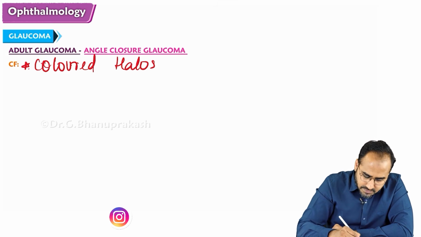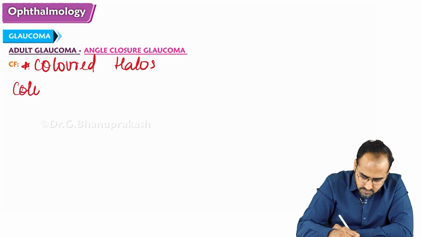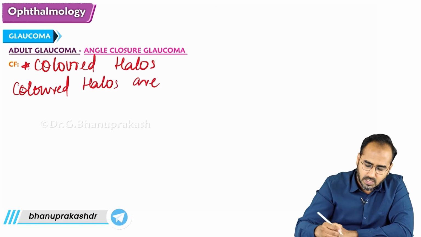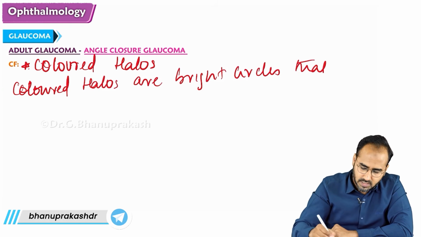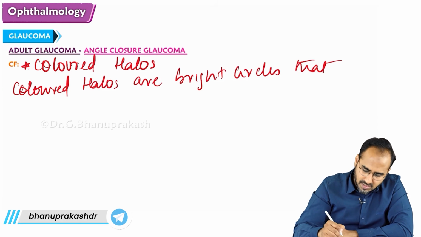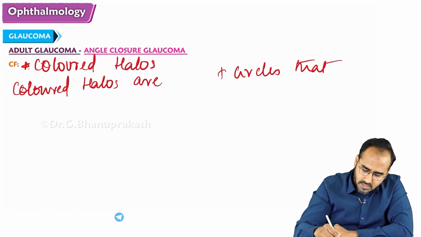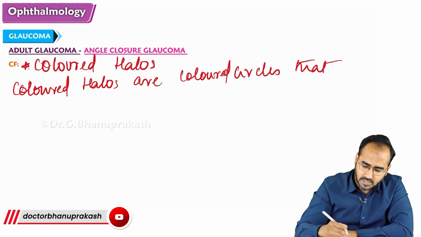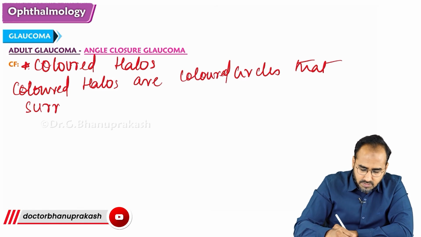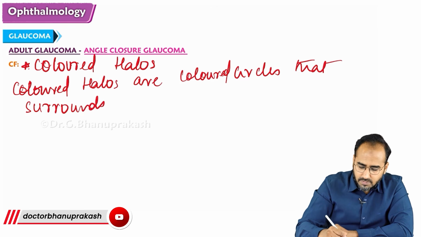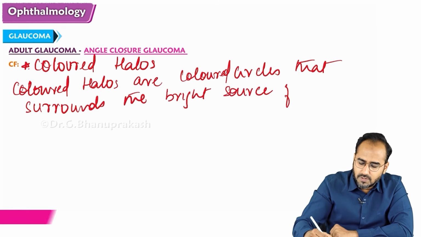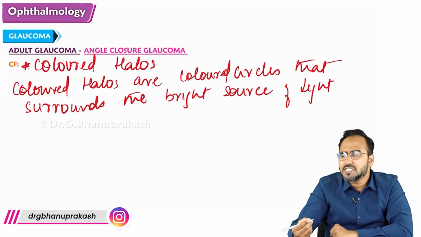Colored halos are colored circles, not bright circles, that surround a bright source of light.